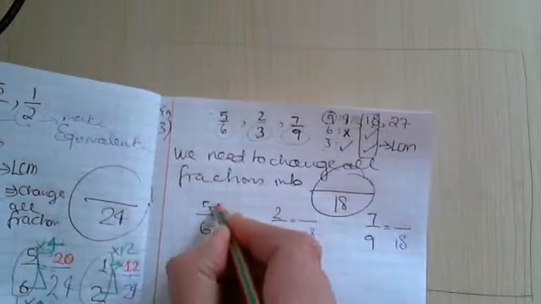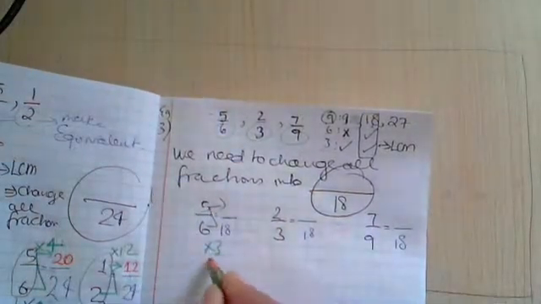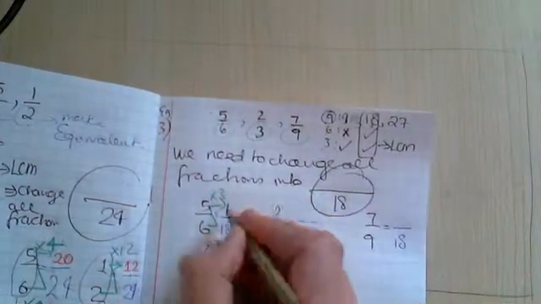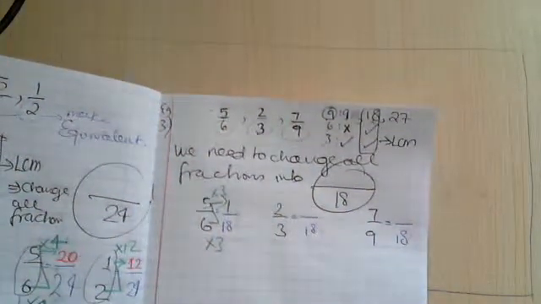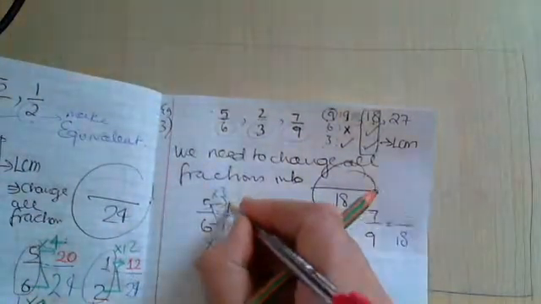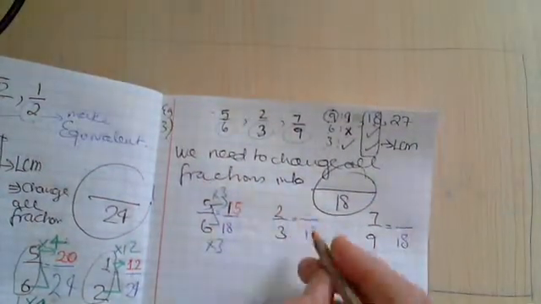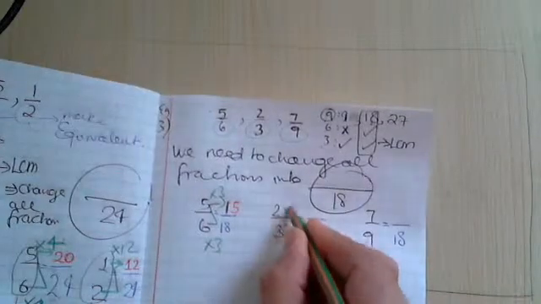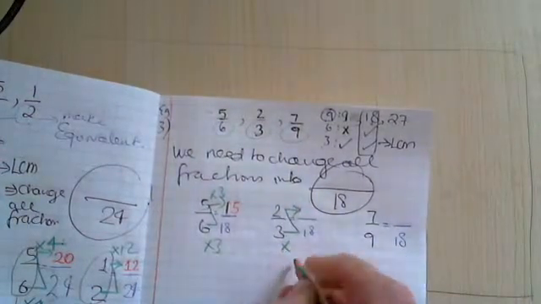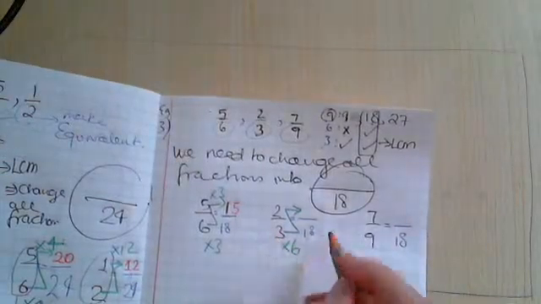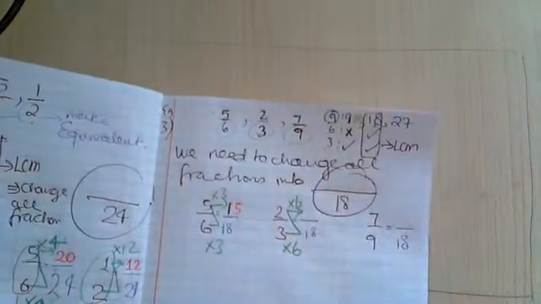What do we do? If we times the bottom by 3, we have to times the top by 3. Easy, 15. So 3 to 18, what do we do? Times by 6. If we times the bottom by 6, we times the top by 6.